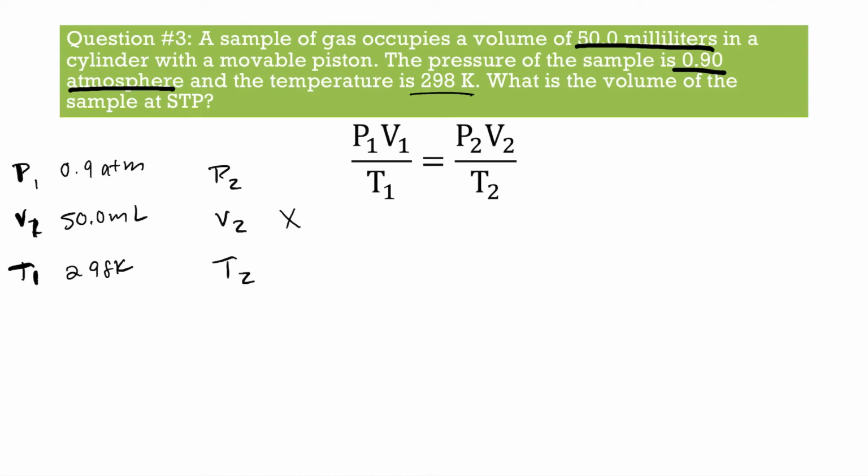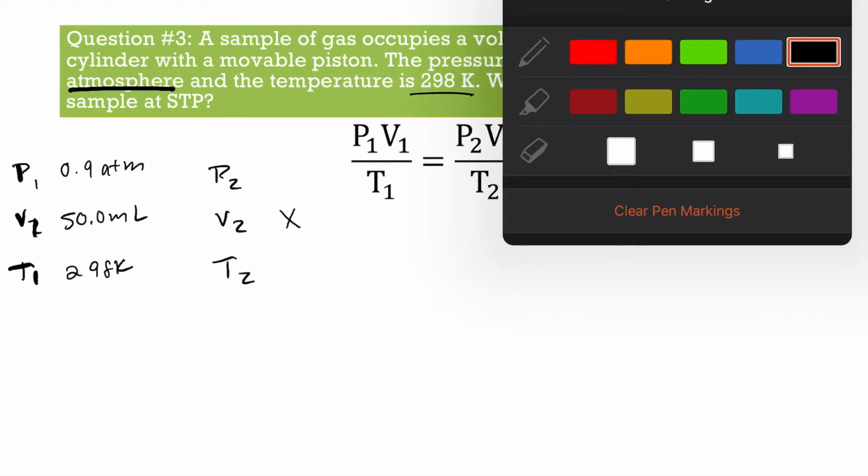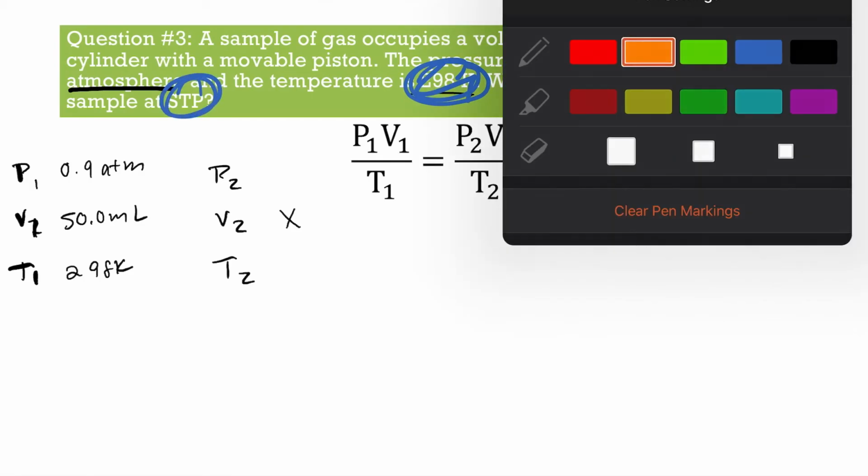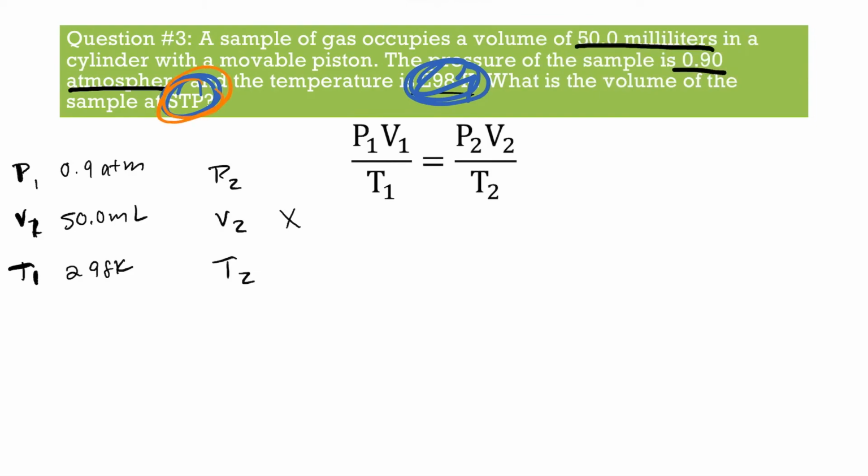Now here, we're missing literally all of our second column, those P2 and the T2. And you're probably like, what am I supposed to do? I can't do this. You can. Remember, STP means something. So standard temperature and pressure, we got to go to table A. So standard temperature is 273 K. It's also 0 degrees Celsius, but remember, we have to use Kelvin. And then for our pressure options, we have 101.3 kPa, and we have 1 atm.